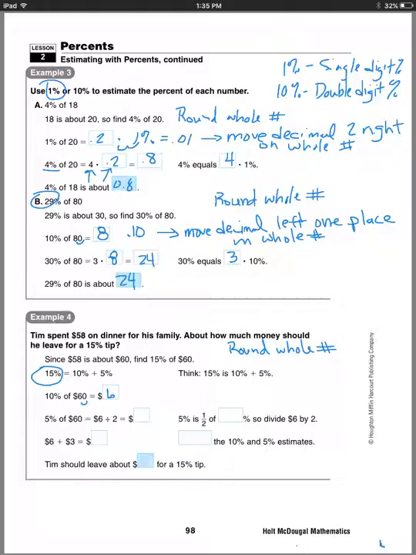But 5% is half of 10%, so we can divide our 10% by 2 and get $3, and that tells us what our 5% is. And then we can add 6 plus 3 and get $9, so Tim should leave about a $9 tip for his 15% tip.